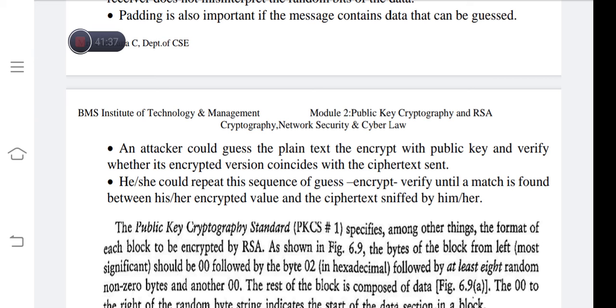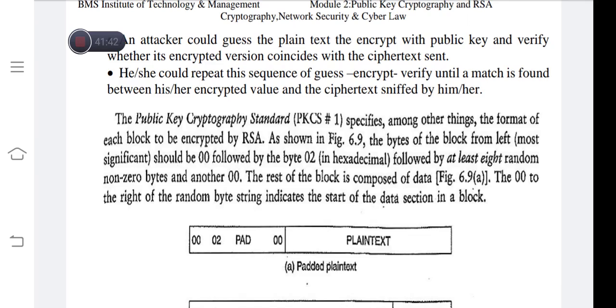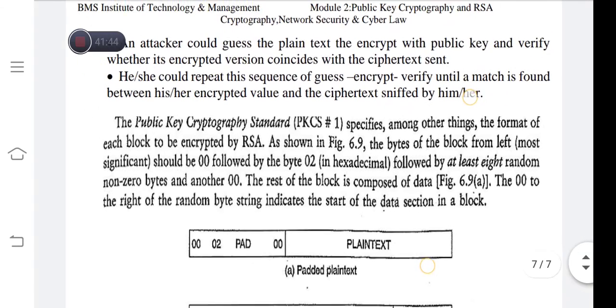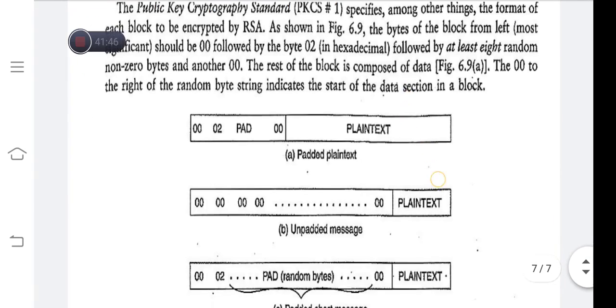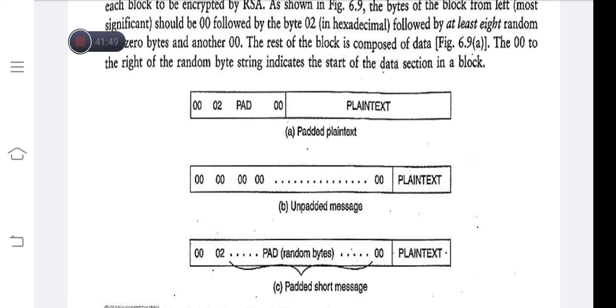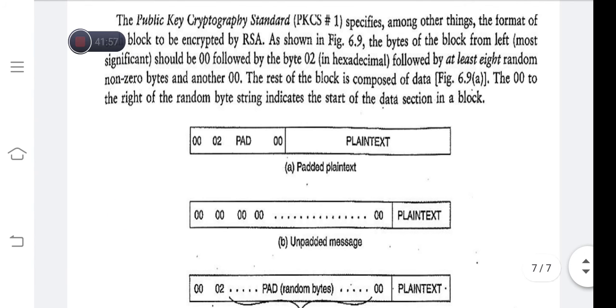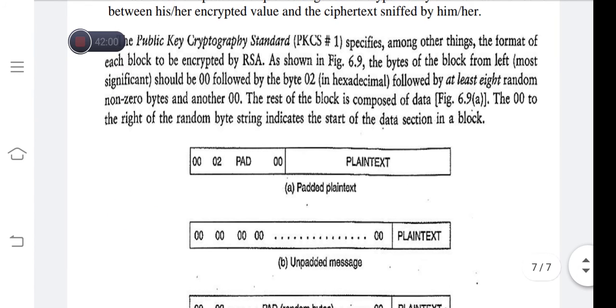Okay, so now let us see PKCS1. In this diagram we are seeing three diagrams A, B, C. Here, in the padding method, the public key cryptography standard specifies, among other things, the format of each block to be encrypted by RSA.